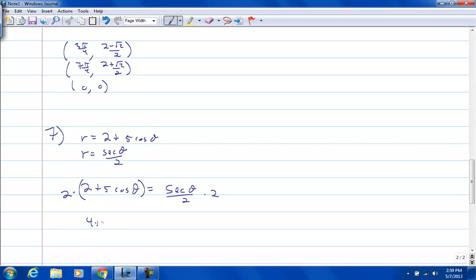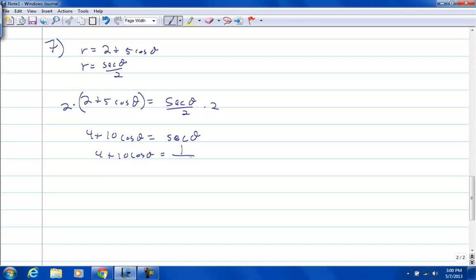and I have 4 plus 10 cosine theta equals secant theta. And we'd have 4 plus 10 cosine theta equals 1 over cosine theta. I'll multiply both sides by cosine theta.